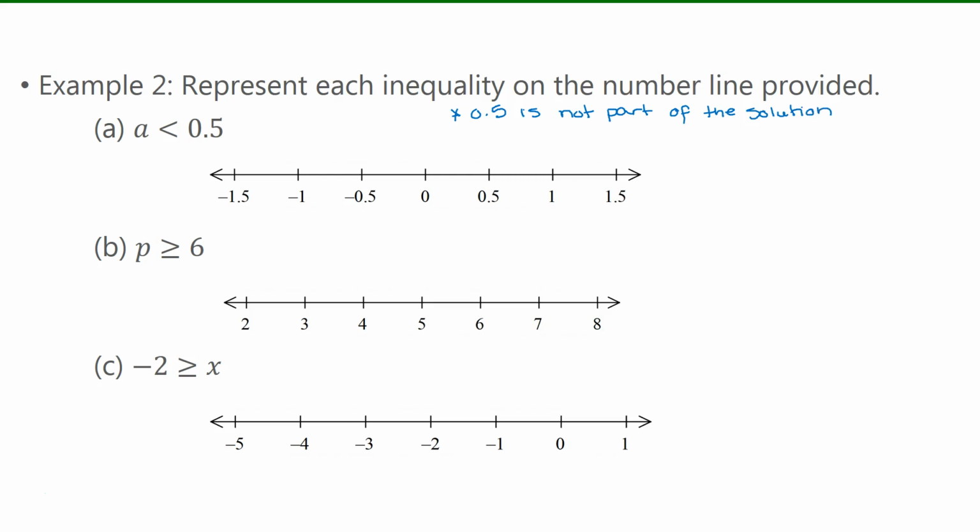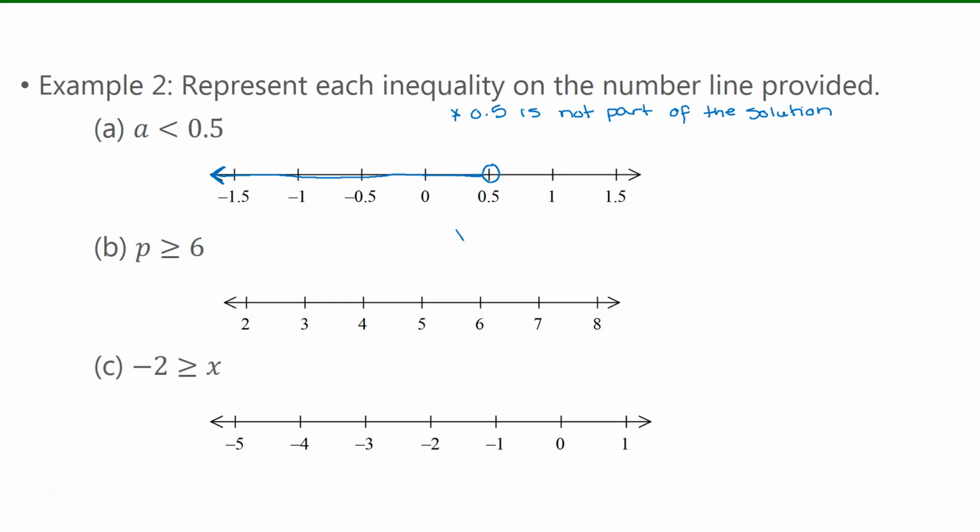So that's important to know because on our number line, we're just going to have a hollow circle around 0.5 because it's not included. Now I'm looking for all of the values that are less than 0.5. So I'm going to shade in this part of the number line. And I'll darken the arrow to show that this continues.